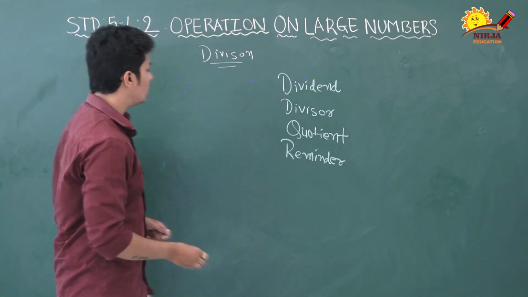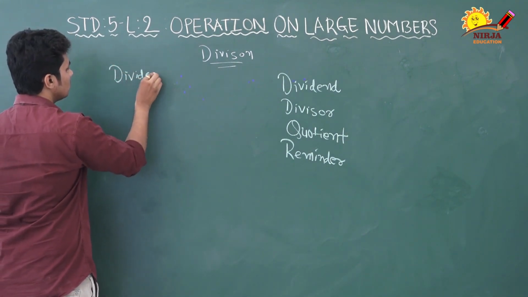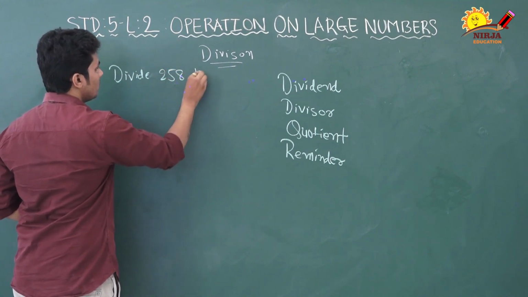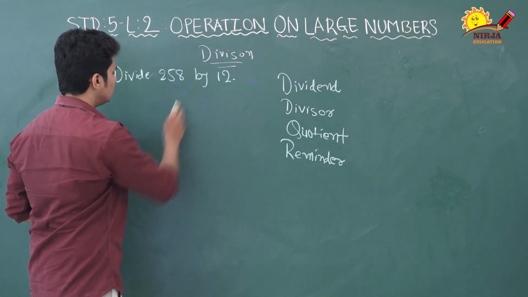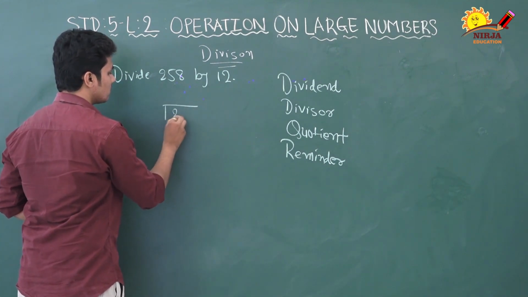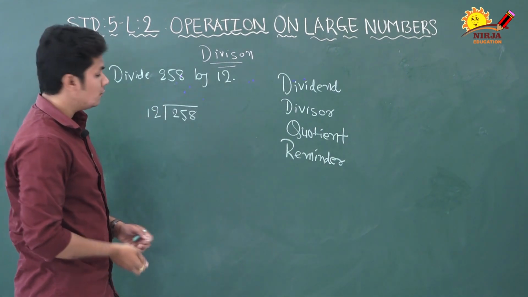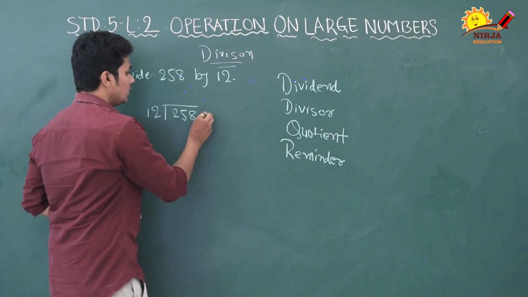Okay, for example, divide 258 by 12. We will write this sum like this. Here we are going to divide 258, so this is the dividend.